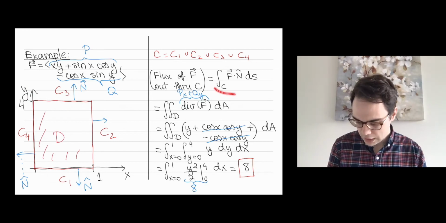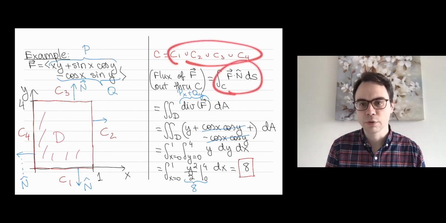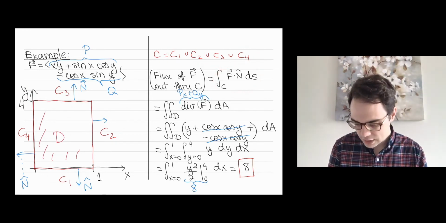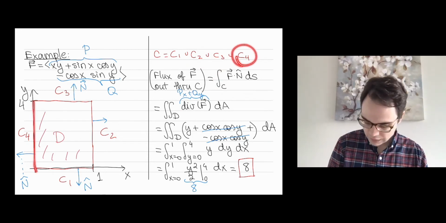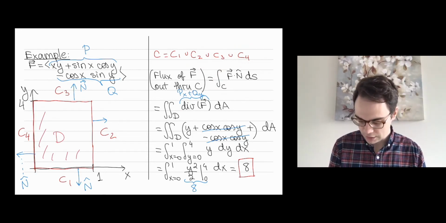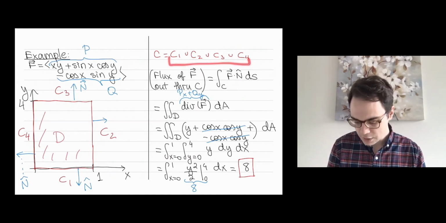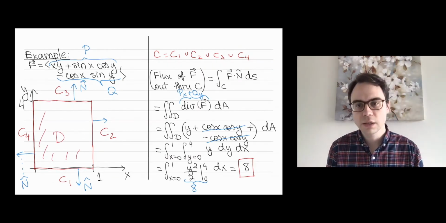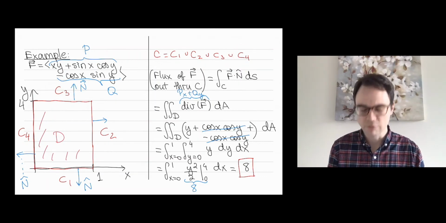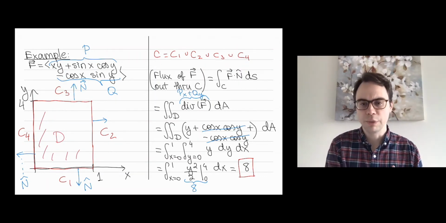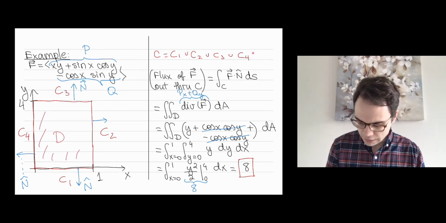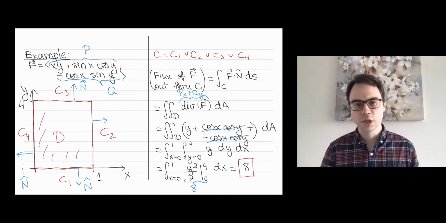We can take the answer we know for the integral over the 4 sides and subtract the integral over C4, and that will give me the integral over the first 3. So the flux out of all 4 sides minus the flux through C4 gives me the flux through the first 3, which is what we want. And then computing the flux through C4 is just going to be a single integral.